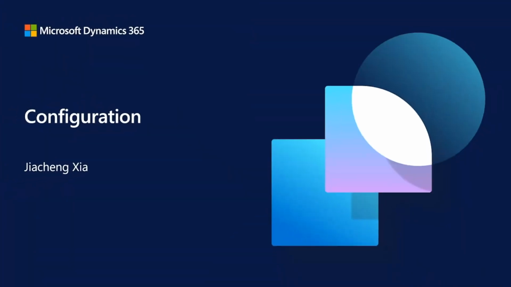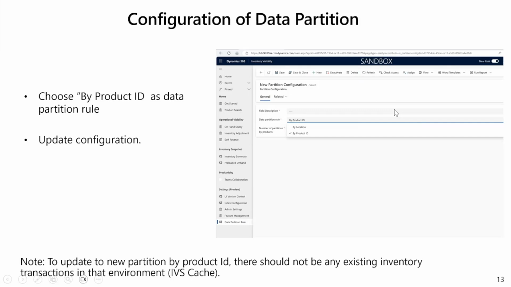To begin with, we'll be introducing the configuration process of switching the data partition rules. We will soon introduce a new page which sets the partition configuration. There will be two options we can choose. The first one, and the default one for existing users, would be by location, which is by warehouse in the Dynamics 365 SCM context.